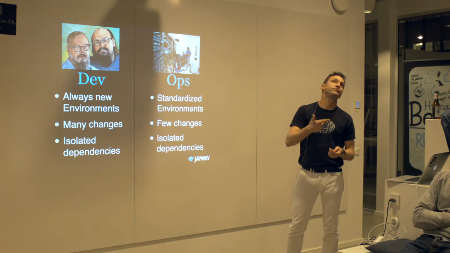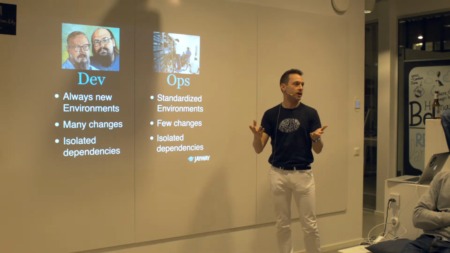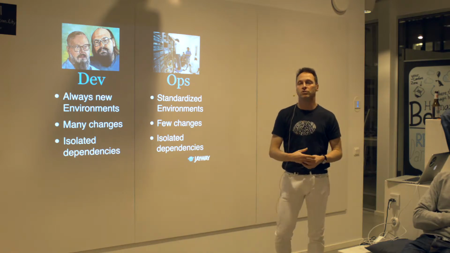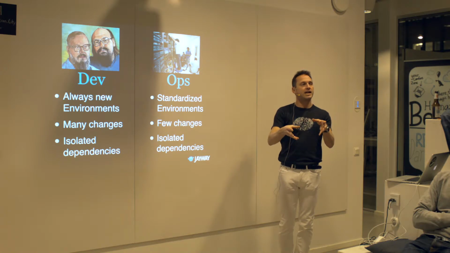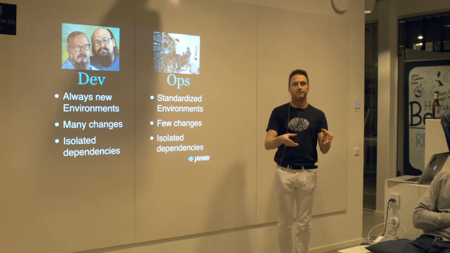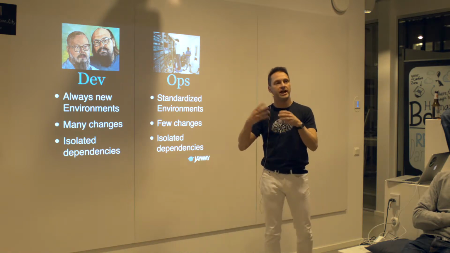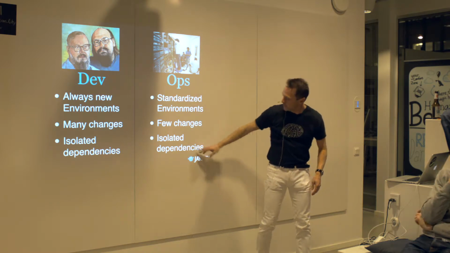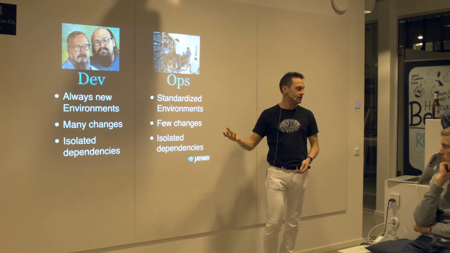Currently I'm trying out Go and maybe a little Rust, and nobody wants to put those in production because, okay, maybe Go is accepted because it comes from Google, but nobody deploys Rust at the moment. But operations, they want to have the same environments all the time. They don't want to change it, or they want to change it, but they want to change it at their pace. And this is where we can agree, because we want to have isolated dependencies, both of us.